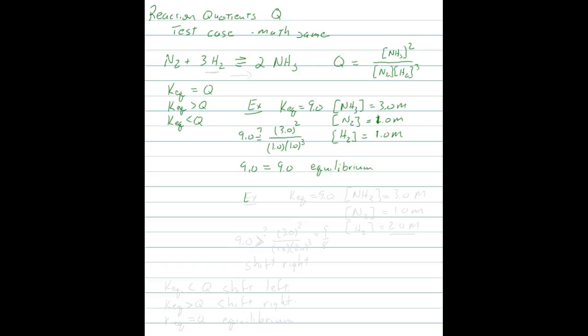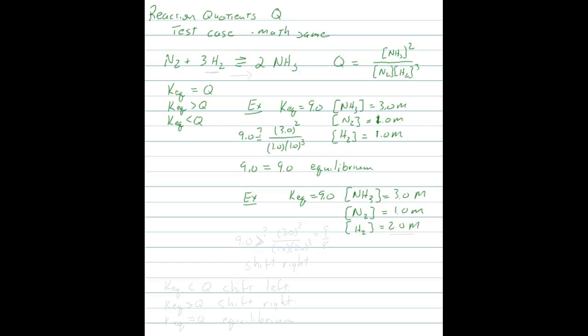Okay, here's another example. Same situation. KEQ equals 9.0. The ammonia is 3.0 molar. The nitrogen gas is 1.0 molar. But this time, let's have the hydrogen gas be 2.0 molar.